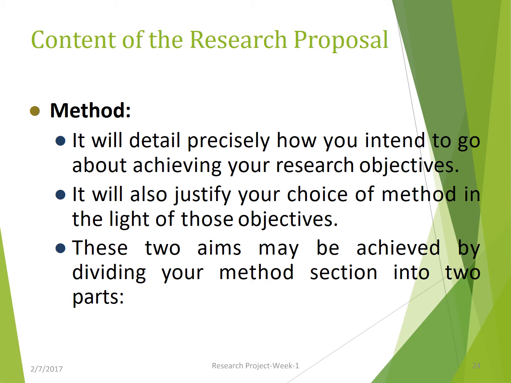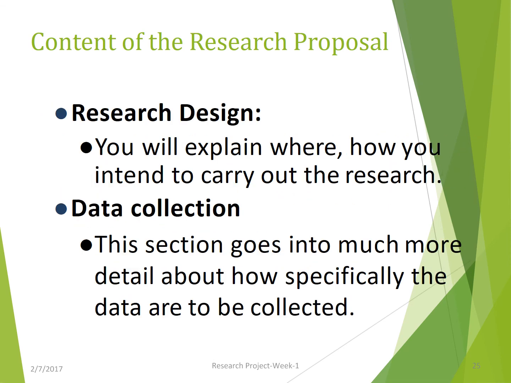These two aims may be achieved by dividing your methods section into two parts: the research design and the data collection. The research design, where you explain how you intend to carry out the research. Data collection, this section goes into much more detail about how specifically the data are to be collected.